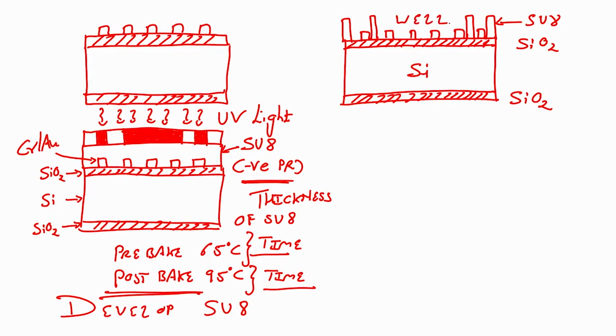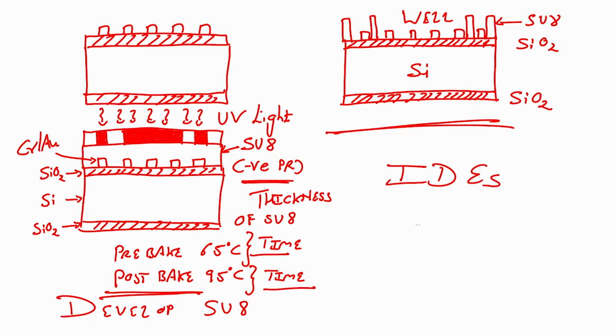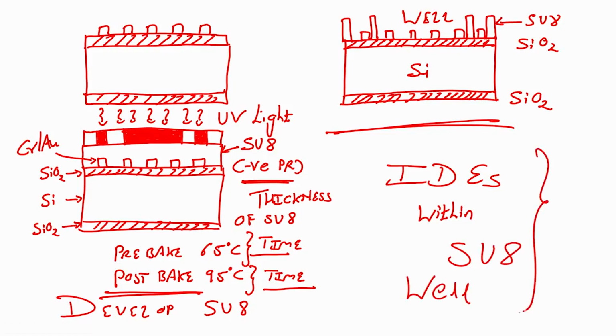So, this is how I can create interdigitated electrodes within the SU8 well. Easy, right.